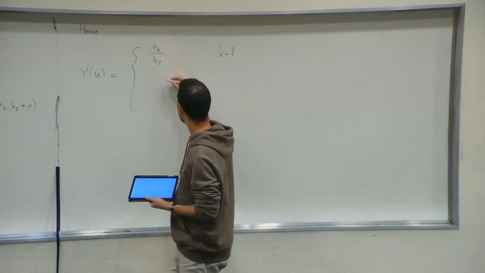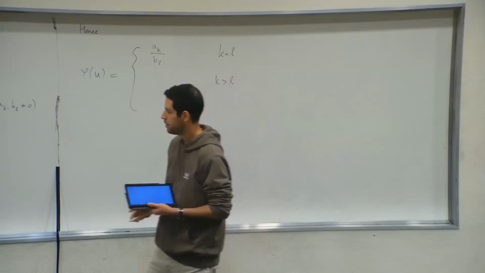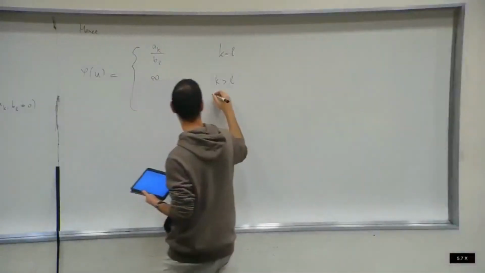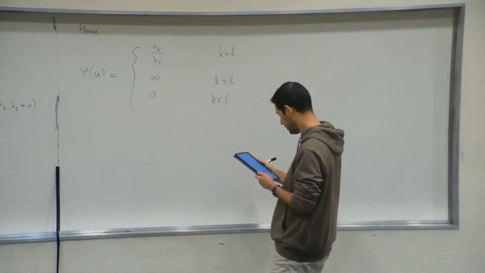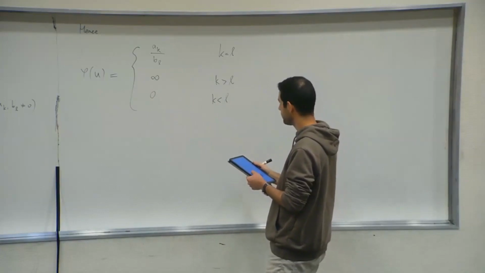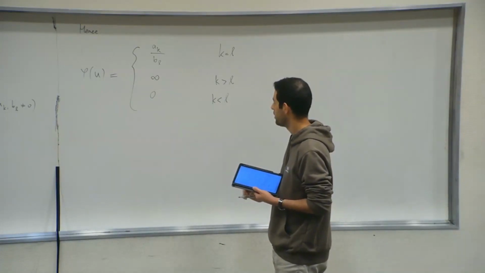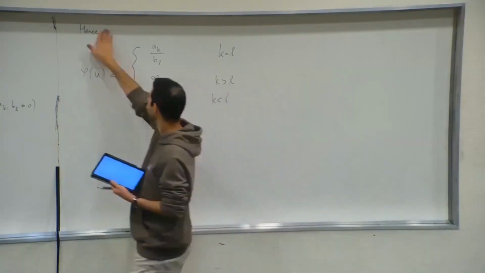And if K is larger than L, exactly. So K is larger, the T is to some positive power, so it's infinity. And otherwise 0. So it coincides with the calculus.